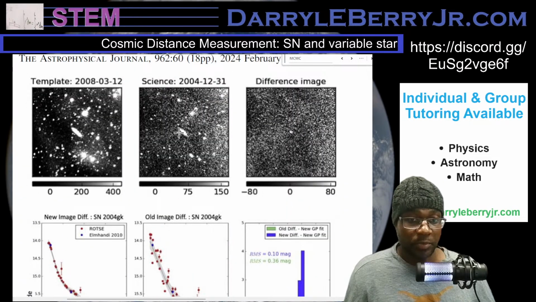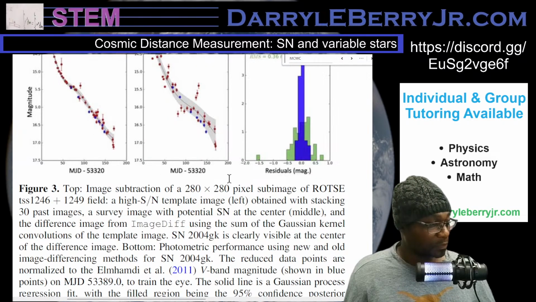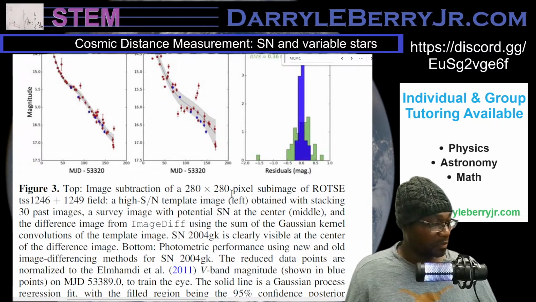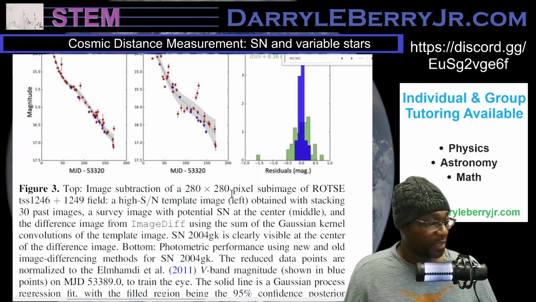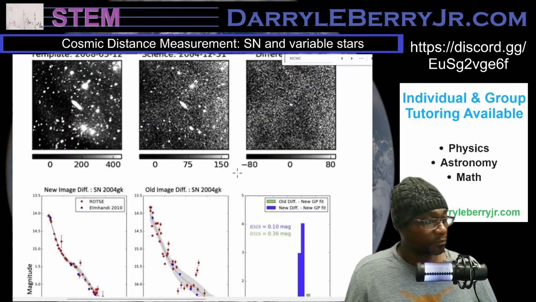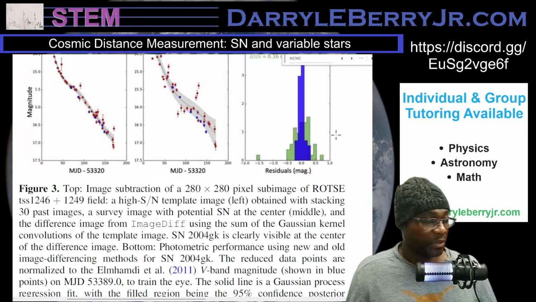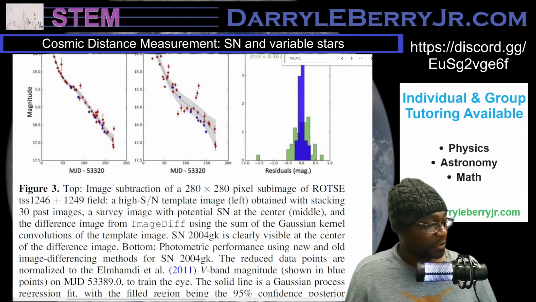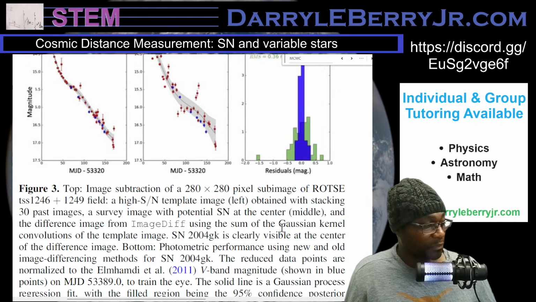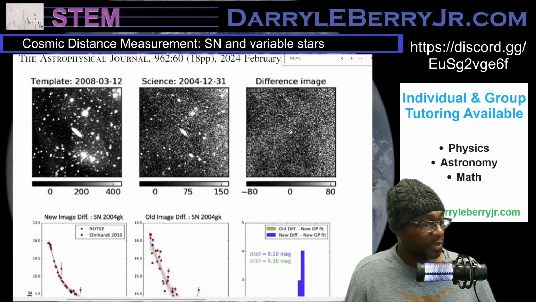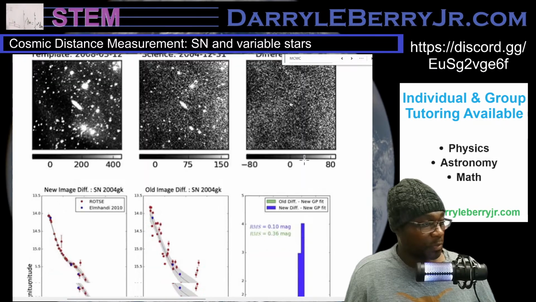Right, so this may be a supernova right there. And the difference image with image diff using the sum of the Gaussian kernel convolutions of the template image. SN 2004GK is clearly visible at the center of the difference image. Okay, so that's this right here. I guess that's a difference of light. You can see the supernova in the middle.